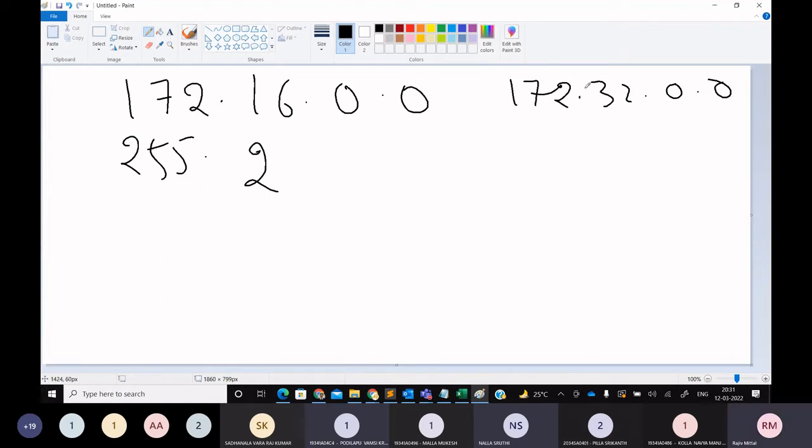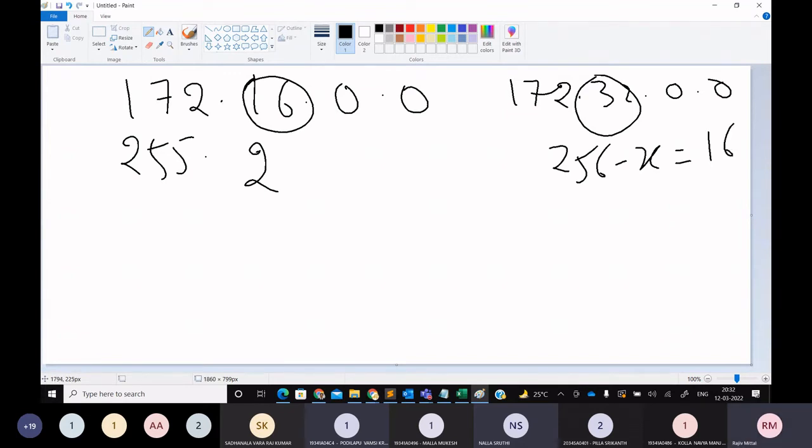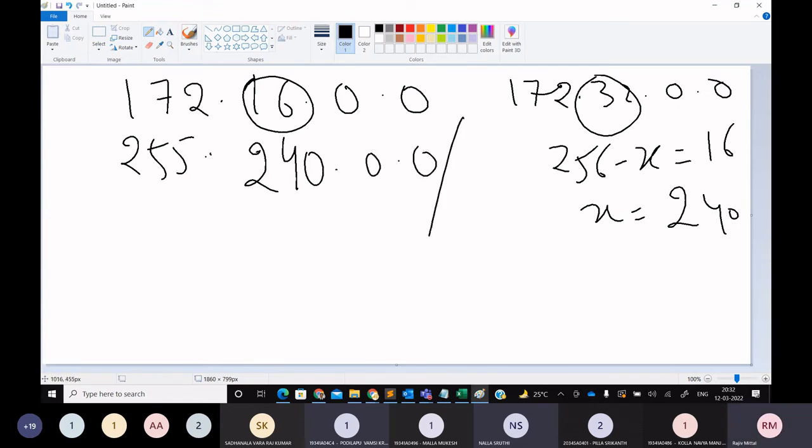Okay, let's see the calculation again. See here what it was. 32, 8 is 16, right? So see, this thing is this way. 256 minus x should be 16, right? What is the value of x? 240, right? So that means what should come here? 240, right? Here 0 and 0. Now if I put it in terms of slash, how many bits is this? 8. How many bits is 240? 4 bits.